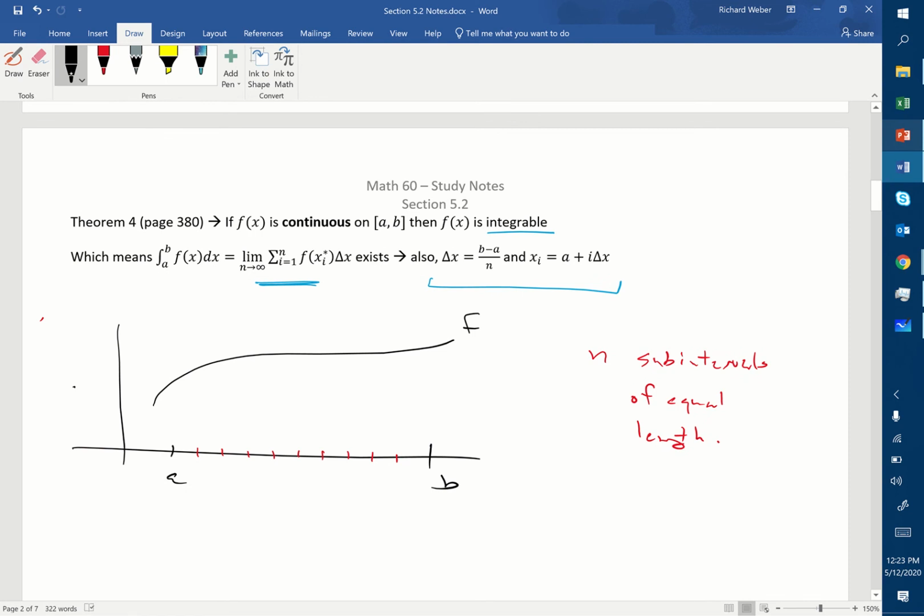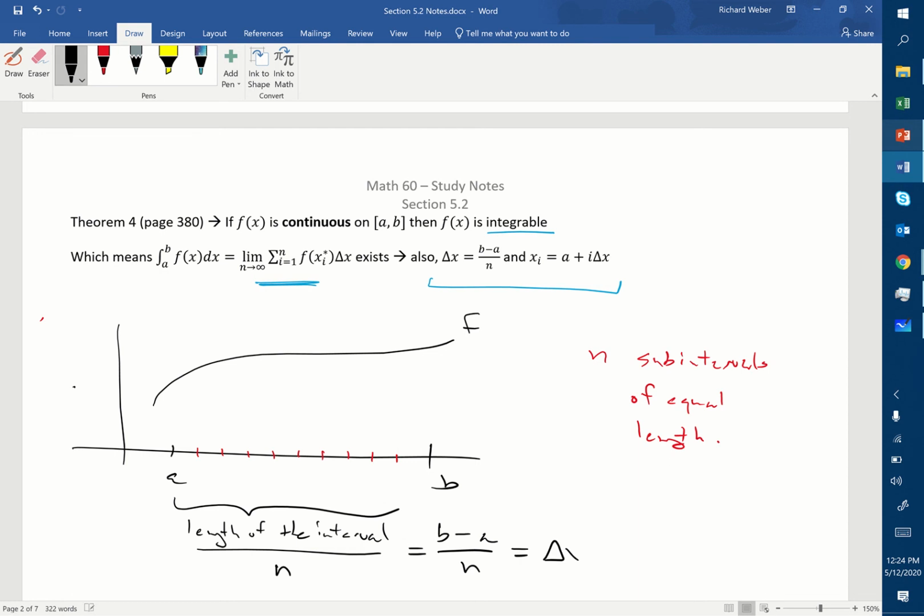Well, you take the length of the interval and divide it by n, however many you want. The length of the interval is the big number minus the small number, and then divide by the number of subintervals you use. And by the way, folks, that's delta x.